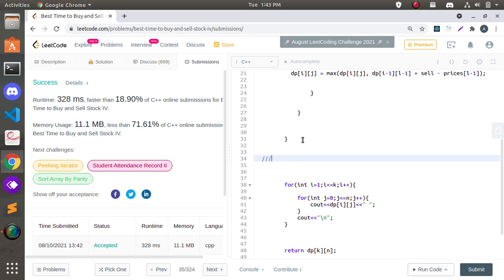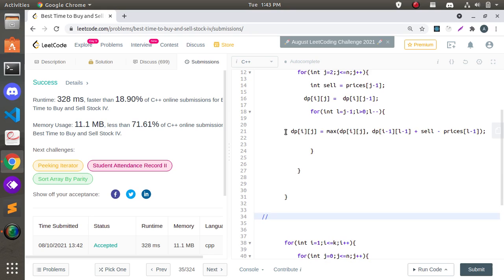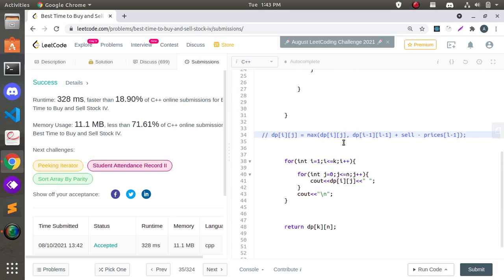Okay, so if we look at this part, let's copy that part. So here we can see that we are using the same thing, that whether you don't take those, just take that maximum value.